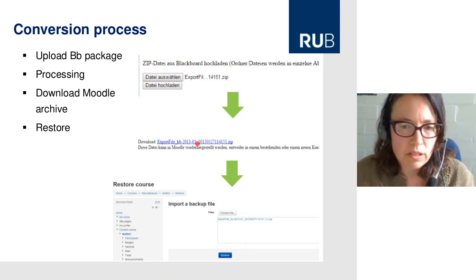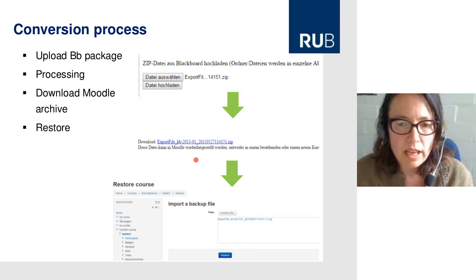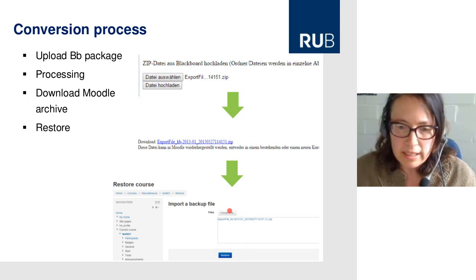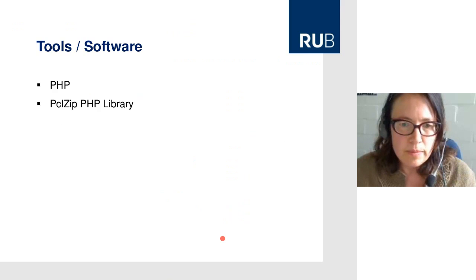You can download this and import it into an existing Moodle course. You restore with this zip file, like any other Moodle backup file. You restore the course, and then you get what we have just seen. So it's quite easy to do this.